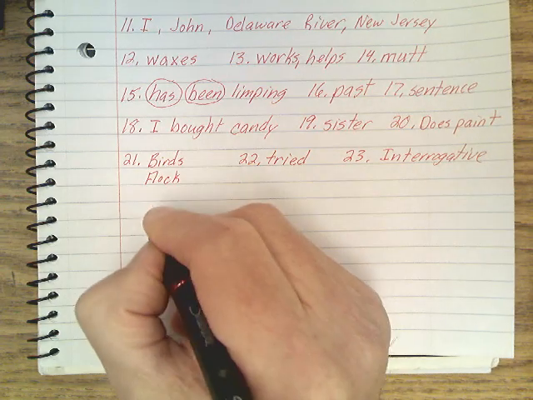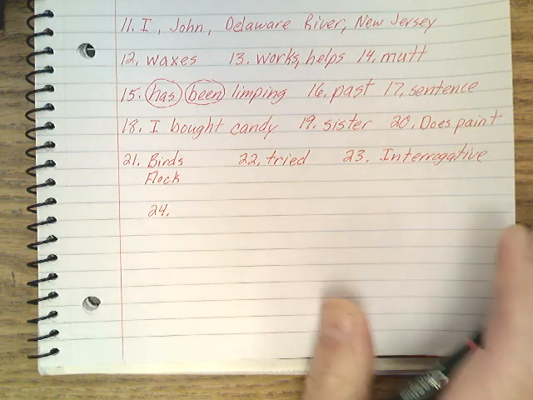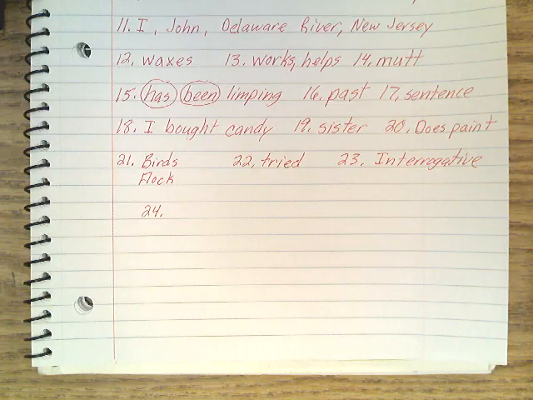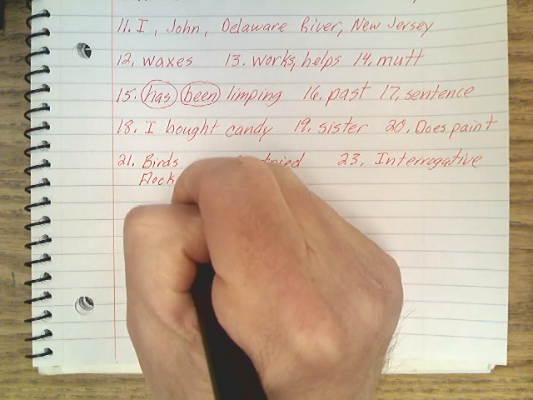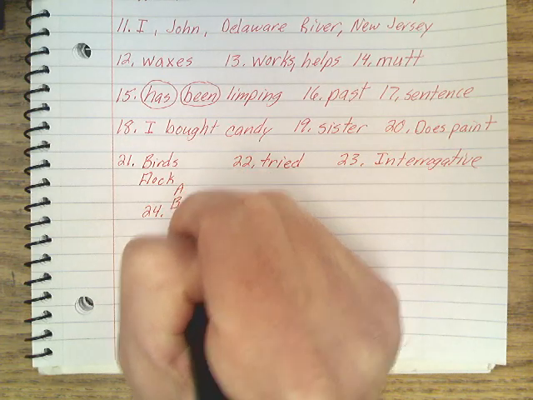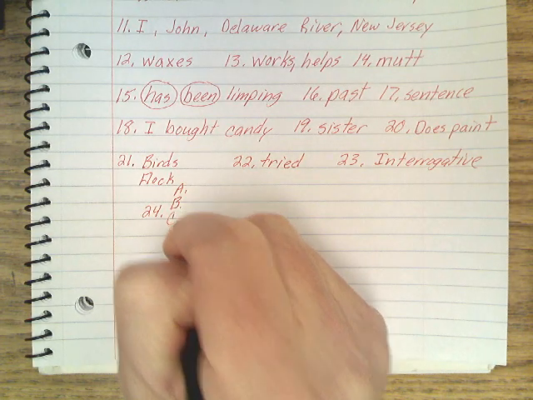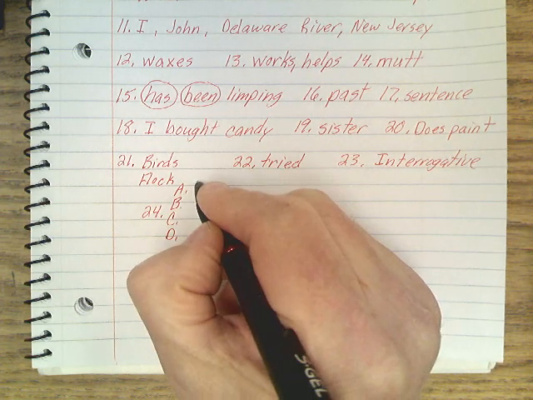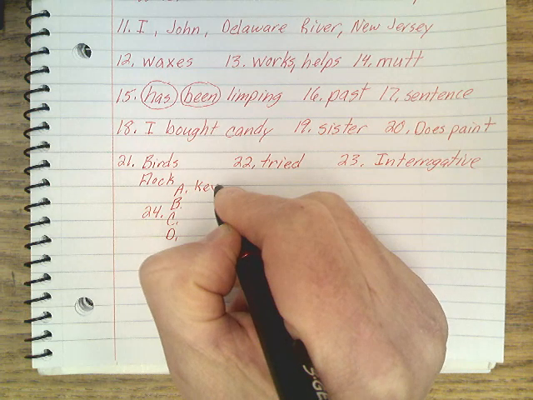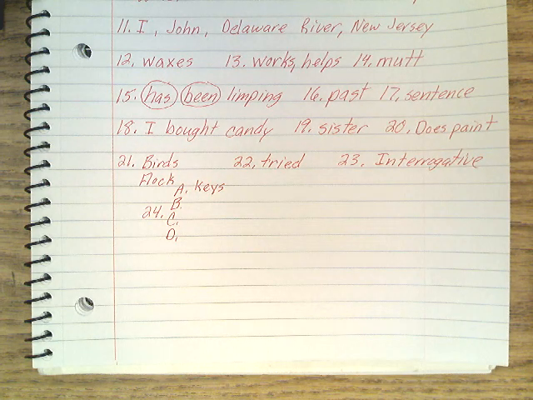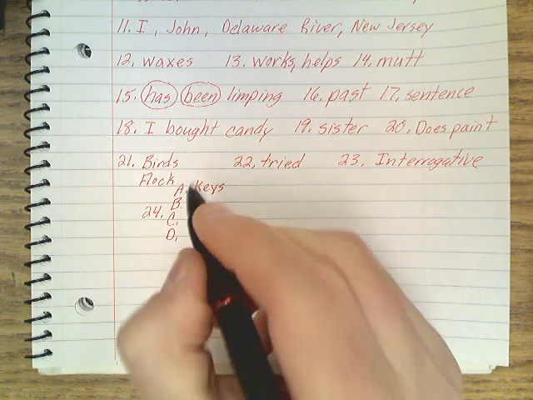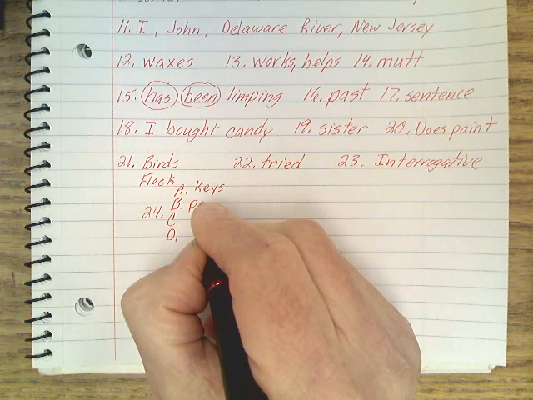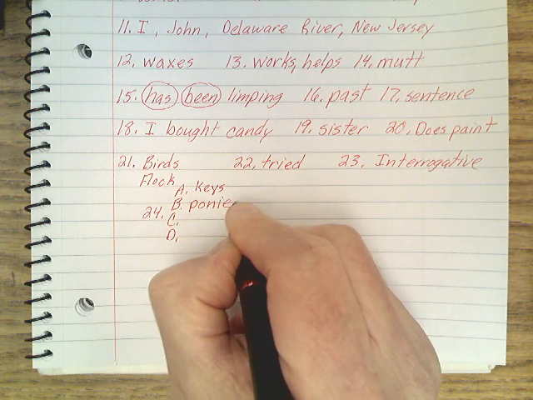Number 24 is we're writing the plural of each noun. So I will write the letters in here, A, B, C, and D. Letter A, key, ends in EY, so that would become keys. Pony ends in consonant Y, so I would change the Y to I and add ES, ponies.